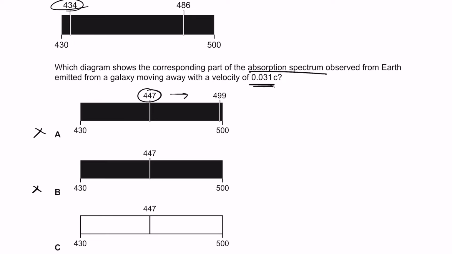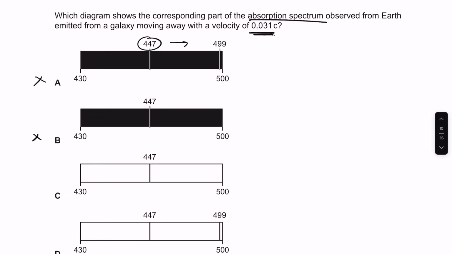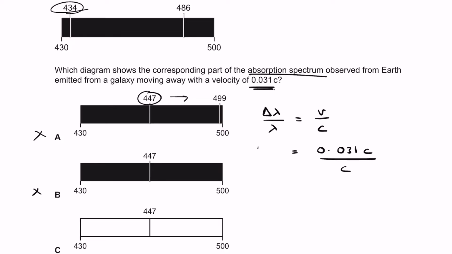So in order to work out that wavelength shift, we need to work out the change in wavelength first. So delta lambda over lambda equals V over C. So 0.031 C over C. In other words, delta lambda over lambda is equal to 0.031.